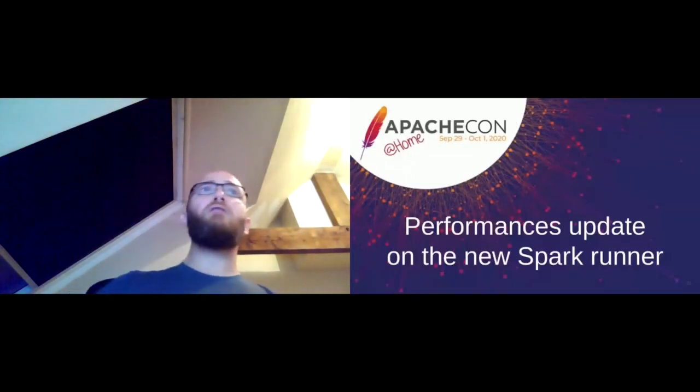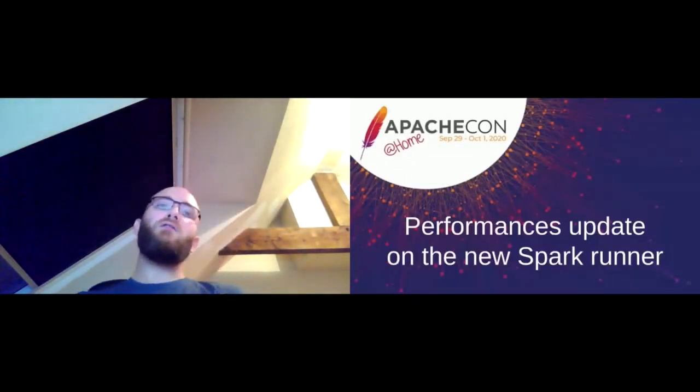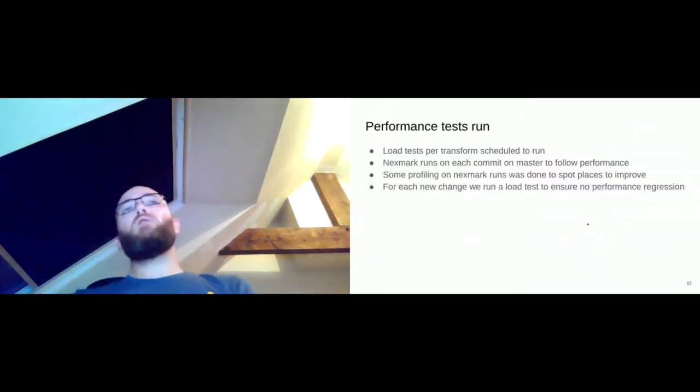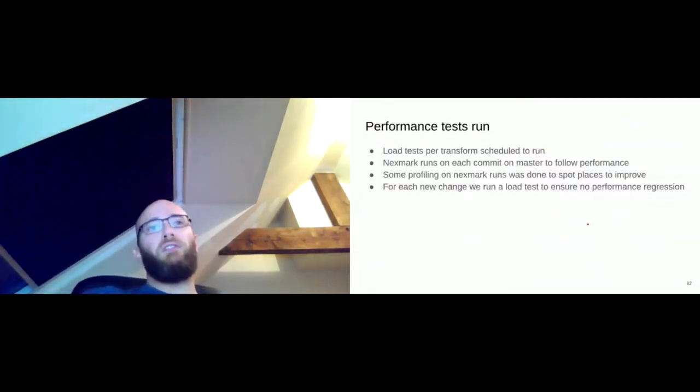I will now give updates about the performance of the new runner. What do we do for performance? We schedule load tests per transform on a regular basis. We also run Nexmark on each commit on master to follow the performance of the runner.